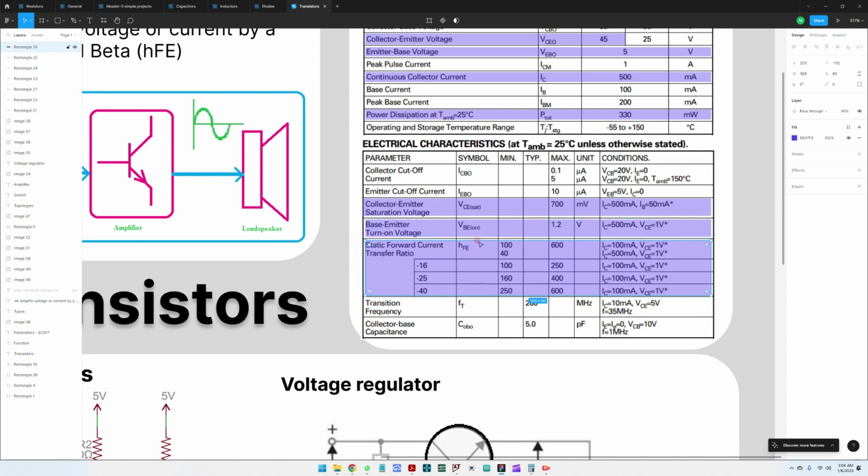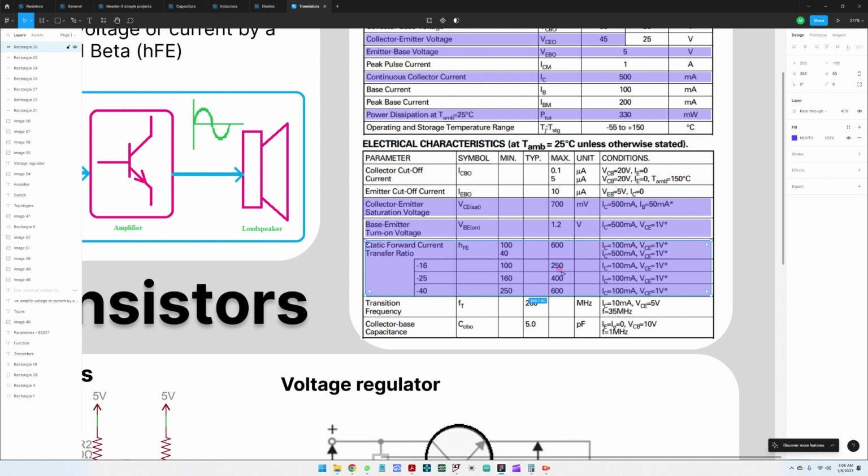So as we've discussed, beta or HFE varies quite a lot. This is why usually the transistor doesn't have this high amplification. For an audio amplifier, for example, you usually have multiple stages.